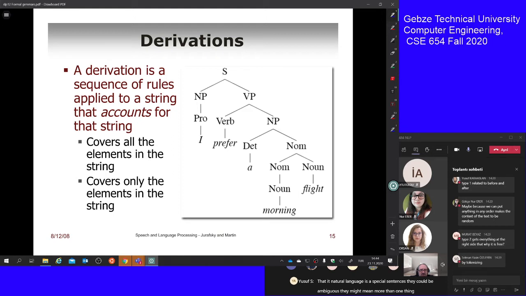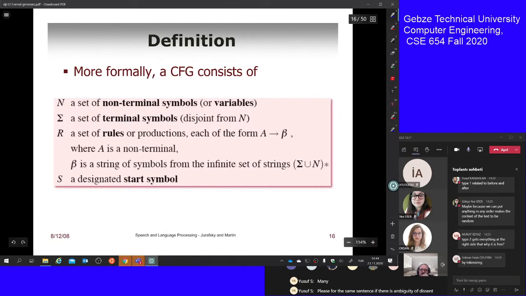And for each meaning, we will have a different tree. So whatever parsing technique we are going to use is going to be producing many trees for the same sentence if there is ambiguity. And we are going to see examples of it.